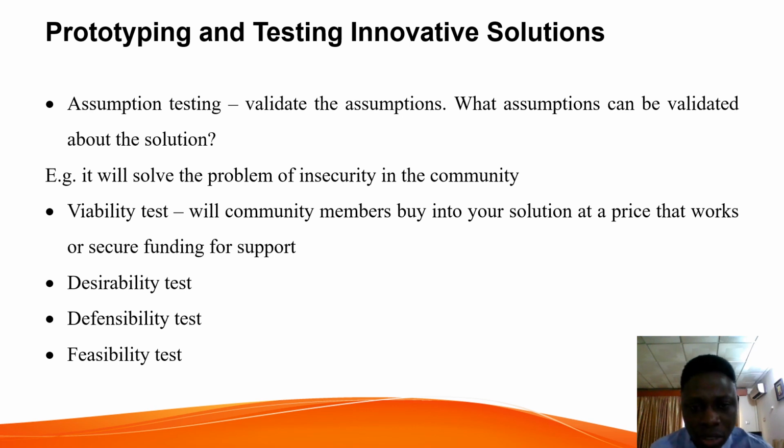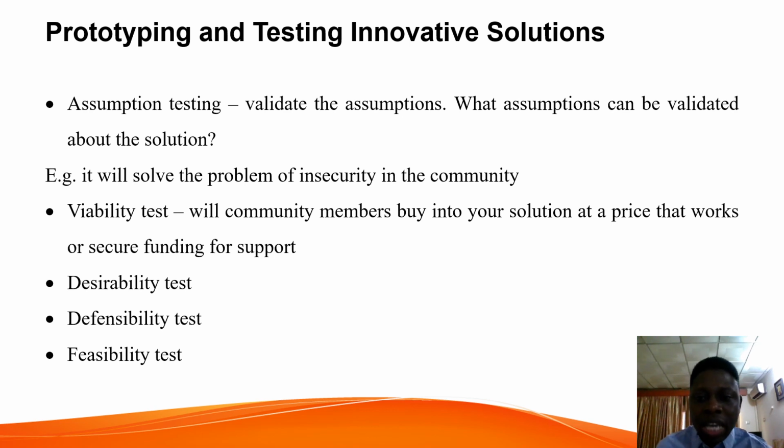And you want to ask questions. These deviant young people in the community, if we begin this solution in this community, these programs that you have identified, or this technology-driven solution, will it be able to tackle insecurity in this community?